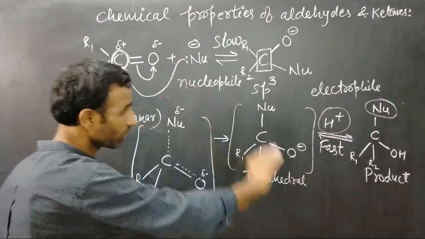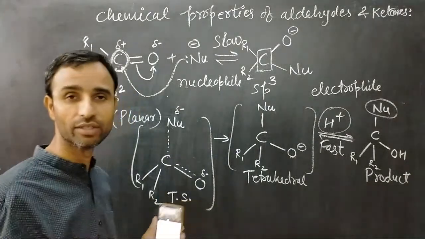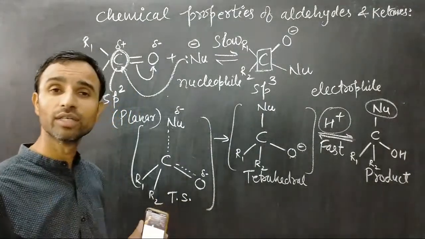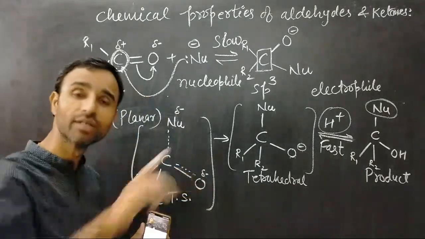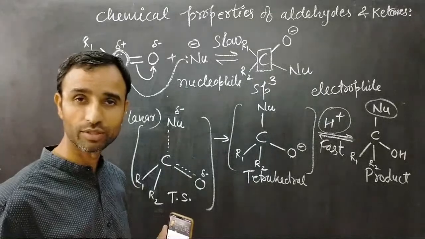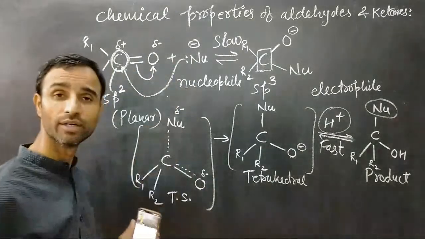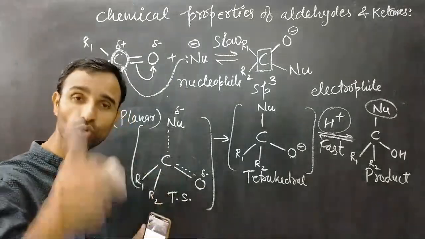In this particular reaction as well as with alkene, both are added, electrophile as well as nucleophile. But in alkene, electrophile is added in slow step. That is called electrophilic addition reaction. But here, nucleophile is added in slow step.